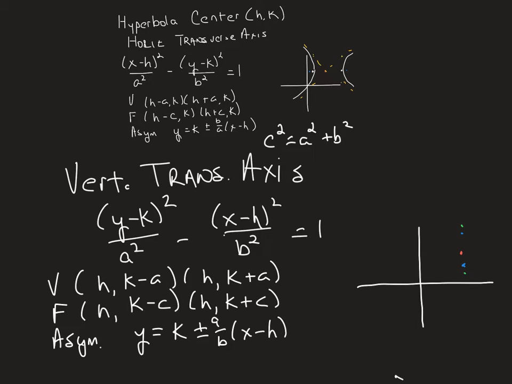And if we were to graph our asymptotes through the center point, this time it's going to be a over b. We could go up a over b, down a over b. Notice you get a rectangle. And this just helps us determine how wide or how thin our hyperbola opens. So this is a vertical transverse axis. Okay, not that much different from what we've already done. So let's look at a couple of problems.